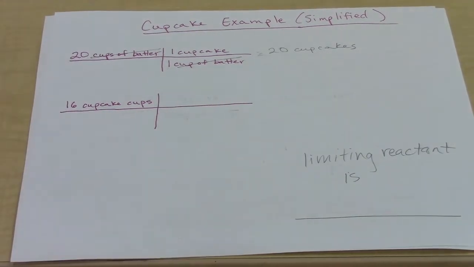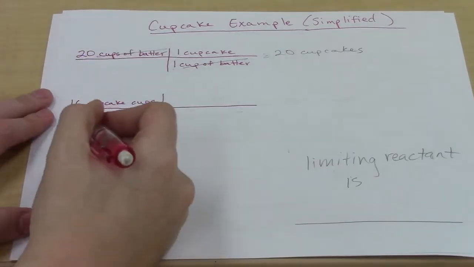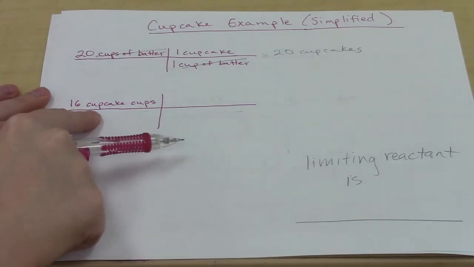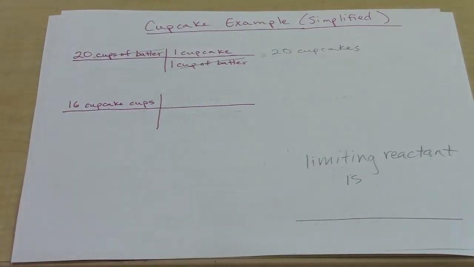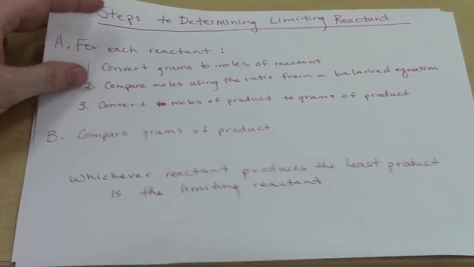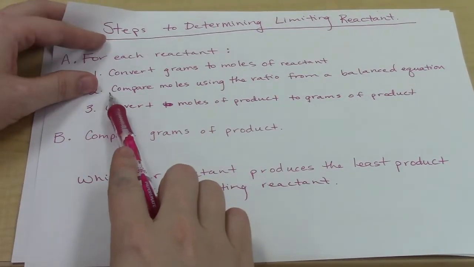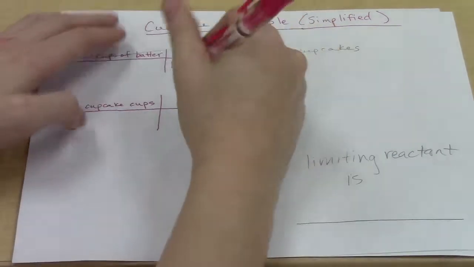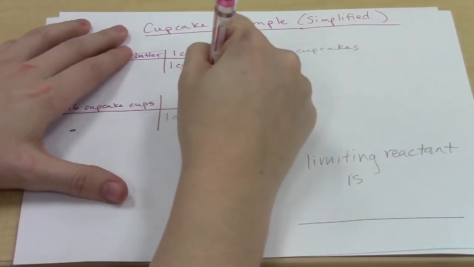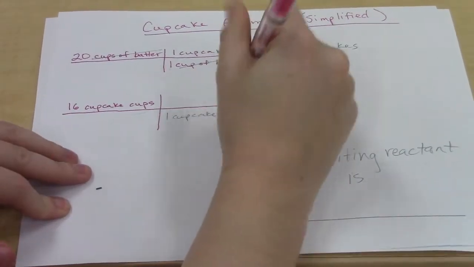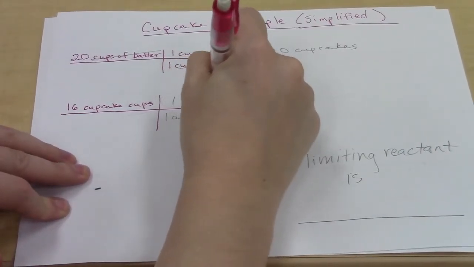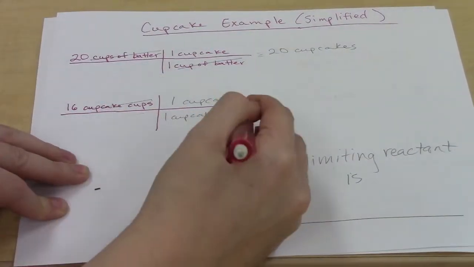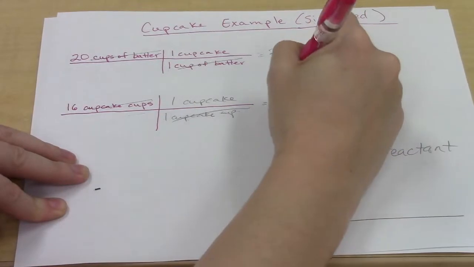Now, on the other hand, let's say we only have 16 cupcake cups and unlimited batter. This is what we're given, and then, just like our instructions told us, we are going to use the ratio from our balanced equation. So there is 1 cupcake cup for every 1 cupcake. And then I'm going to cross out my units, multiply across.